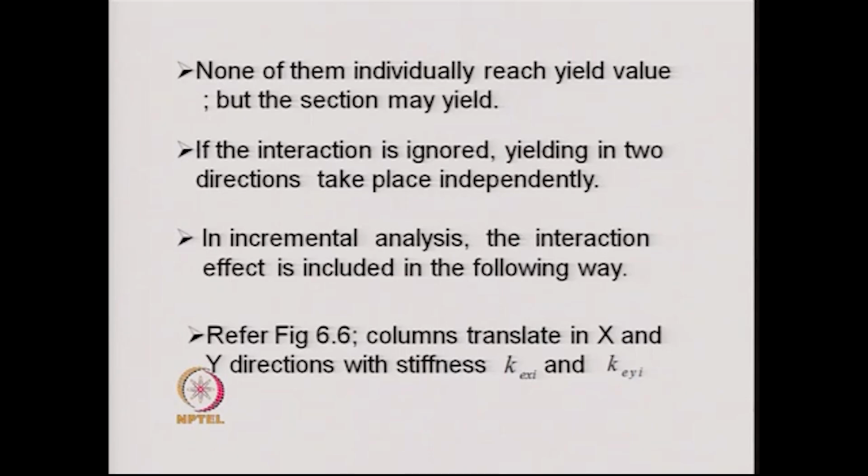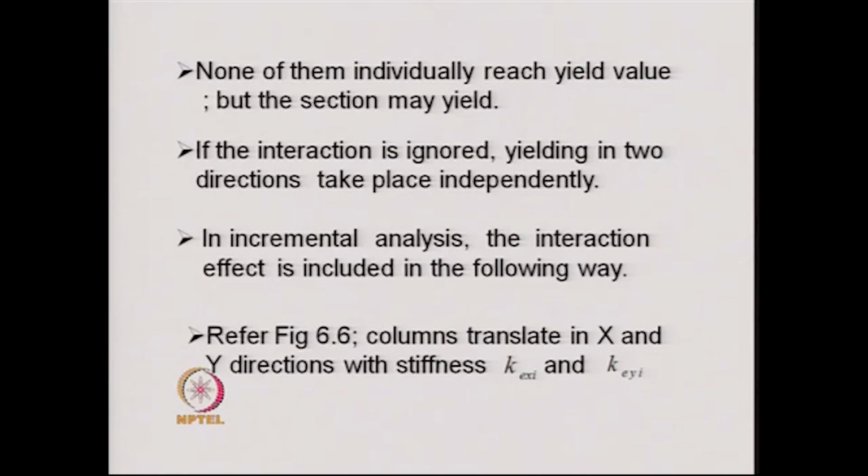Now, if the interaction is ignored, then the yielding in the two directions takes place independently, that is whenever the force in the x direction exceeds the yield shear in the x direction, or whenever the force in the y direction of the column exceeds the yield shear in that direction, then we say that the column has yielded.